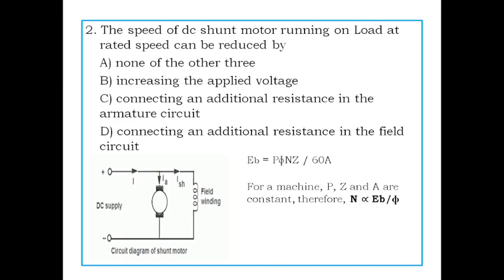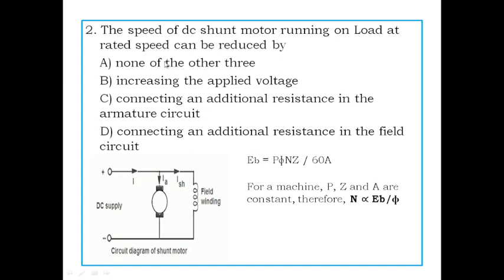Since we are dealing with speed, we can relate it like this: speed N is proportional to the back EMF Eb by φ. So N is inversely proportional to the flux, which is developed in the field winding. It shows a very clear picture that if you increase the flux developed in the field winding, speed will be reduced.